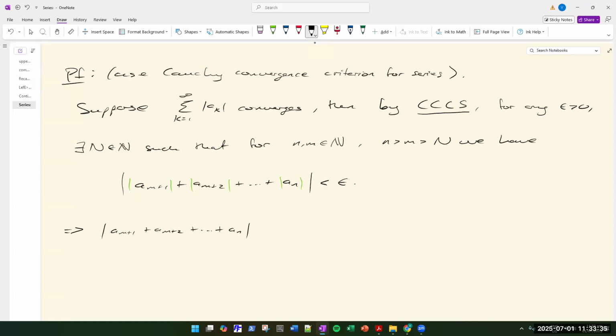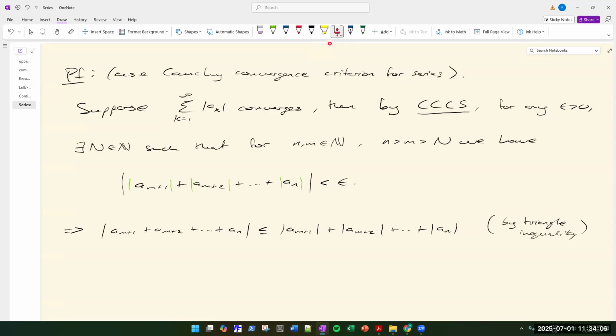What happens if I add them together and I take the modulus of that? Well, if I apply triangle inequality, this is less than or equal to the modulus of a_{m+1} plus the modulus of a_{m+2} plus all the way up to the modulus of a_n, right? This is by triangle inequality.